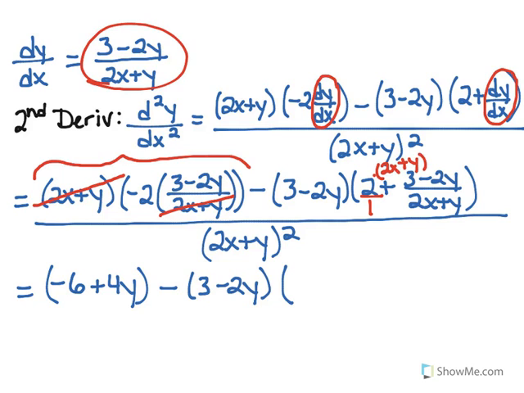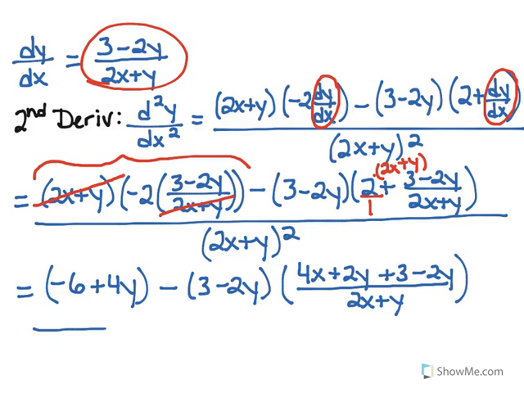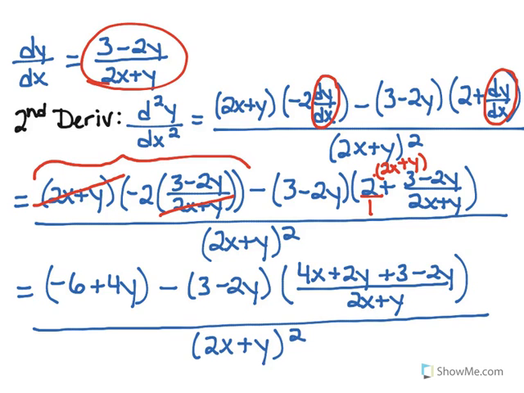And that's going to give me 4x plus 2y plus 3 minus 2y over the common denominator, 2x plus y. Remember, this is still all being divided by (2x plus y) quantity squared.